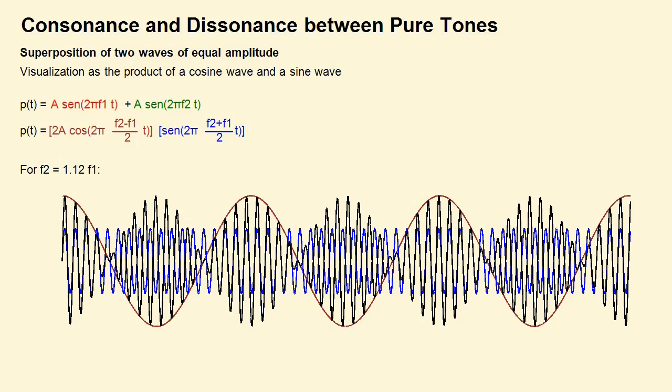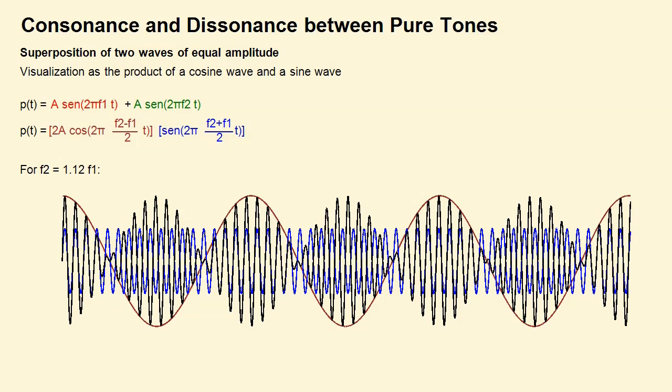The resulting waveform shows that the cosine factor controls its amplitude and the sine factor its frequency. This resultant is a complex sound wave which, as we shall see later, constitutes an unpleasant, dissonant sound, which introduces a tension.